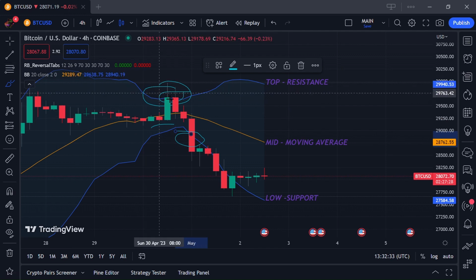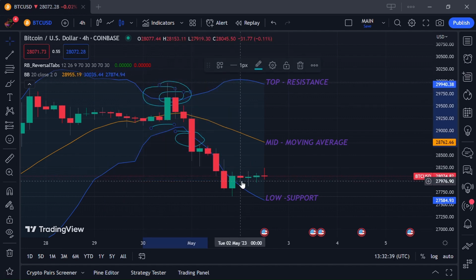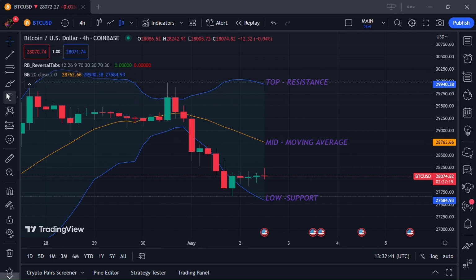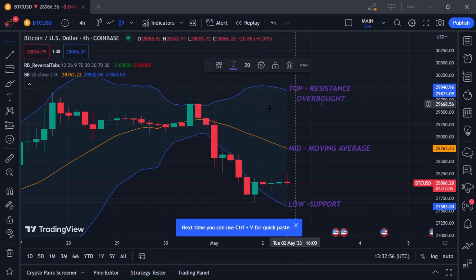But let me show you one thing. Let me just mark it for you guys. Right there. So if you can see here, if it touches the topmost level, you can say overbought right there.